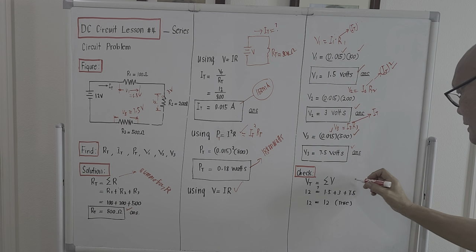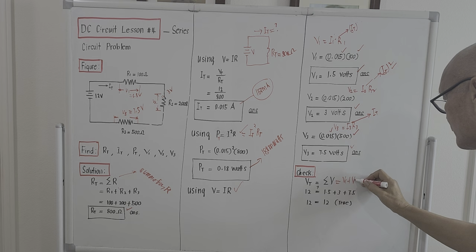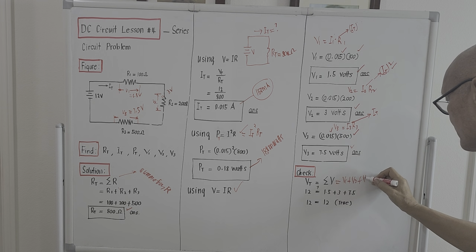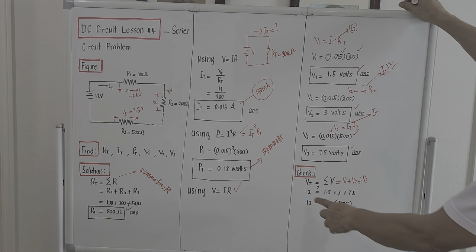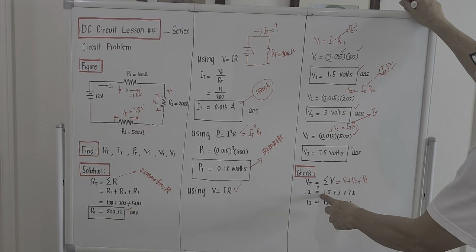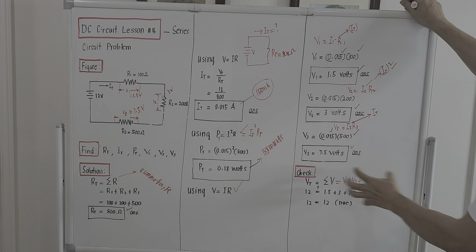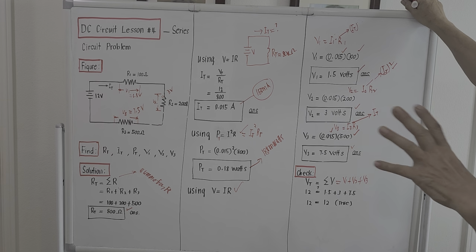This is actually same as the sum of V sub 1 plus V sub 2 plus V sub 3. The total applied voltage is 12 volts. Is it equal to the summation of the individual voltages? For a series connection, it should be equal.